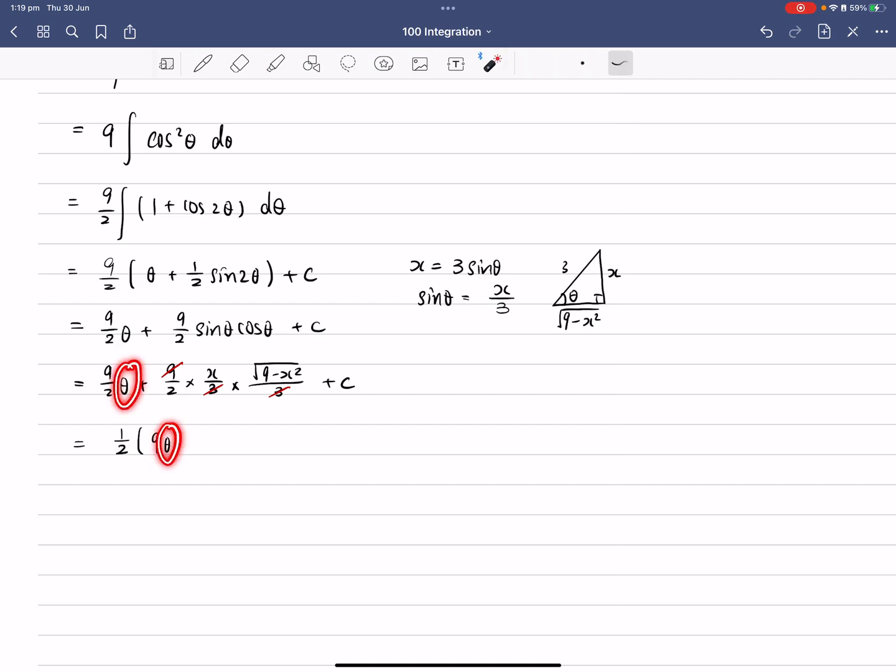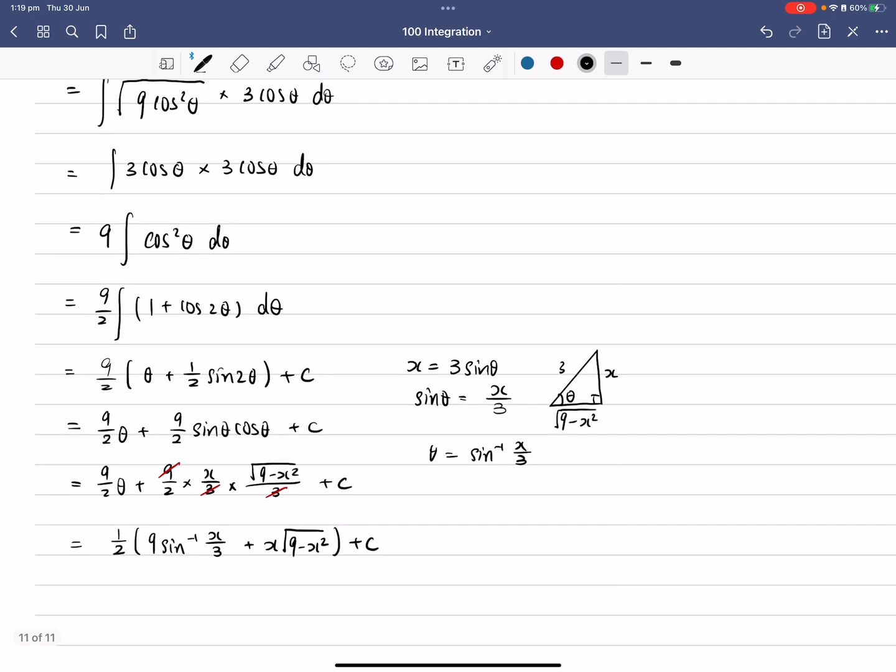All right, so for theta, that is equal to sine inverse x on 3. So this is actually quite important. Almost forgot about replacing the theta back into the x plus x square root of 9 minus x squared plus c. Okay, so that's how you end up doing this question here.